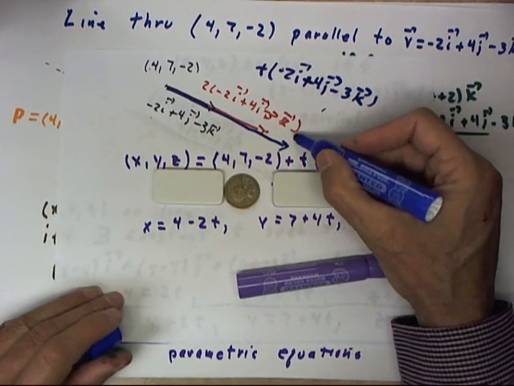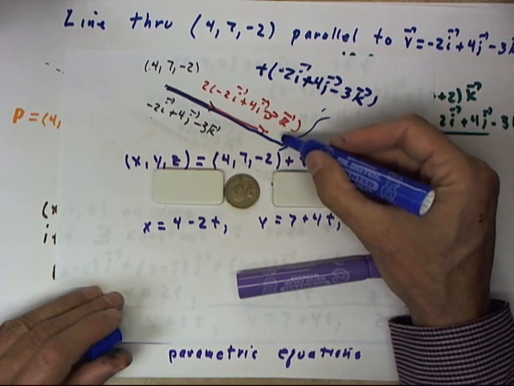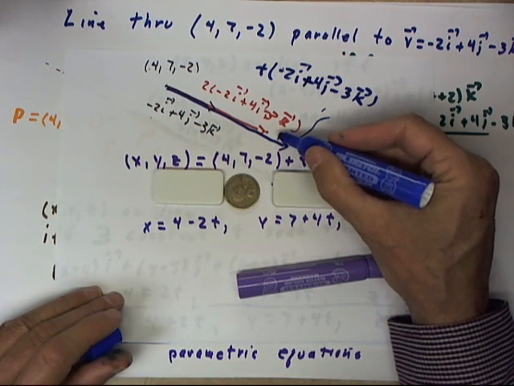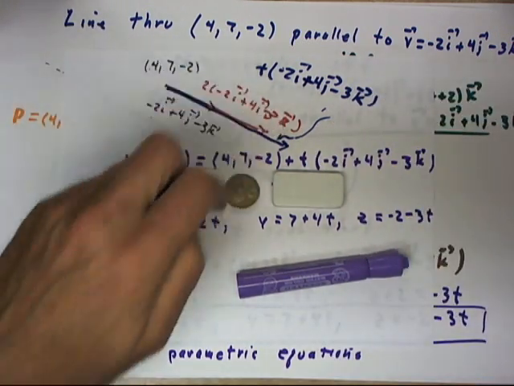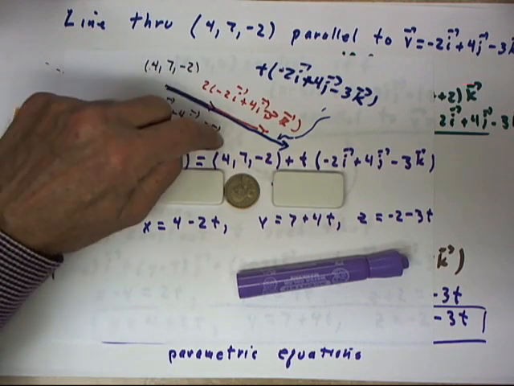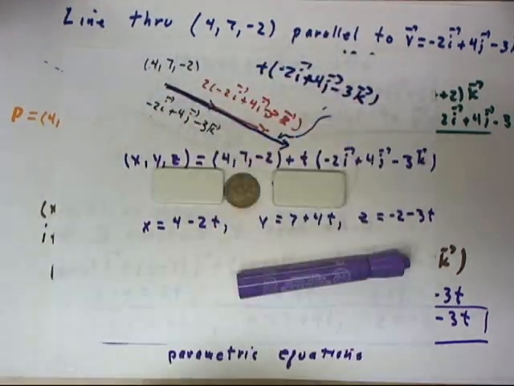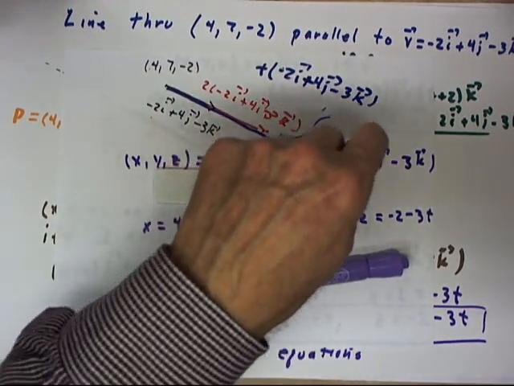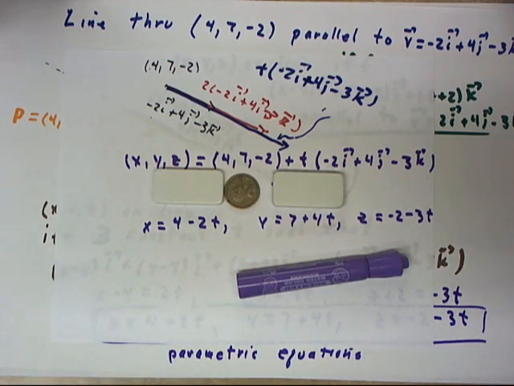That would represent the displacement vector from here to here. So that our point (x, y, z) in general would be (4, 7, -2) plus t times our v vector, -2i + 4j - 3k.